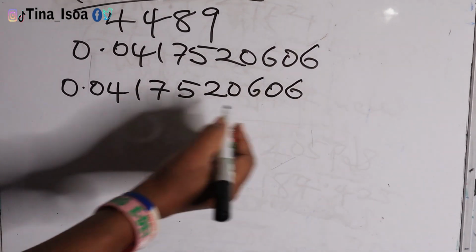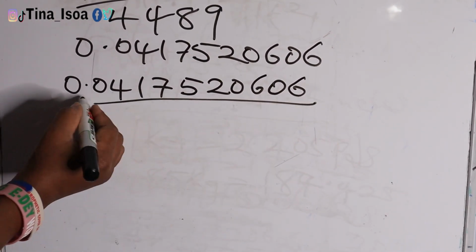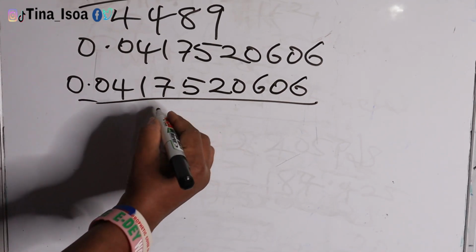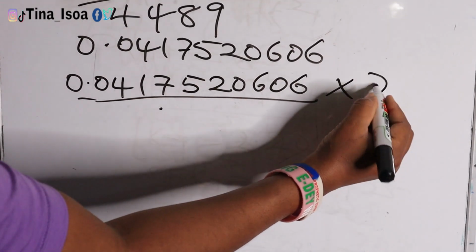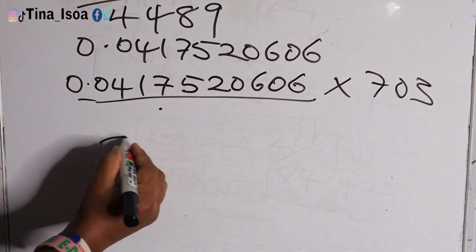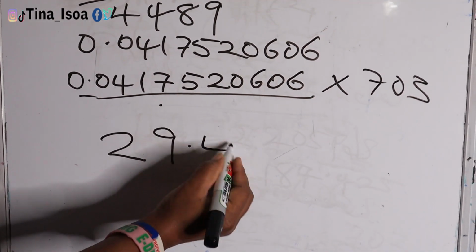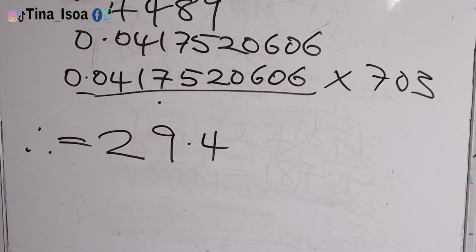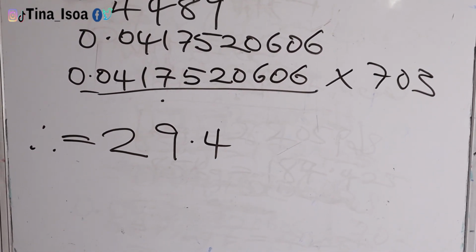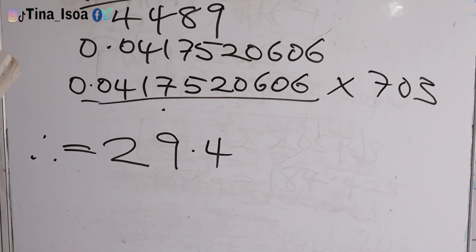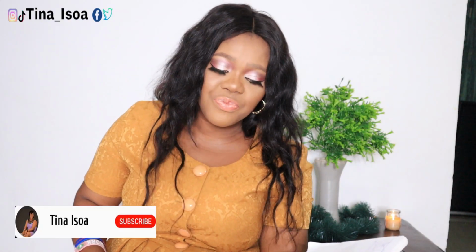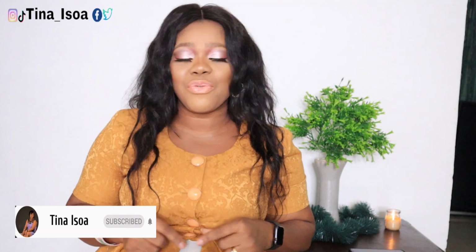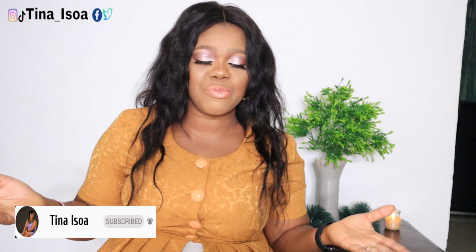Since 703 is a given value, we have to multiply it with the one we have already gotten. 0.0417520606 multiplied by 703, and what we have is 29.4.